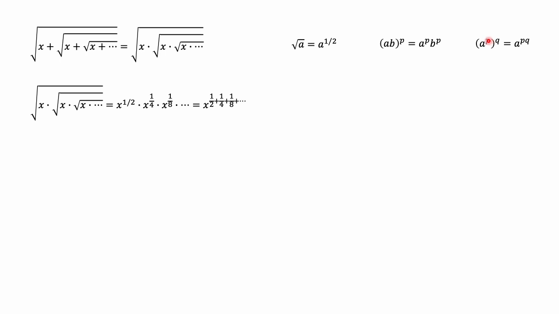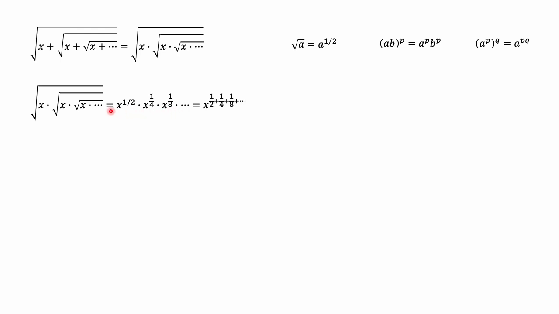And then on the top of it another square root, this one here, is q of 1/2. So the result is a to the power of 1/2 times 1/2, which is a to the power 1/4. So we're taking x to the power 1/4, this one, times another square root, which gives us power 1/8. And we just continue repeating this process.